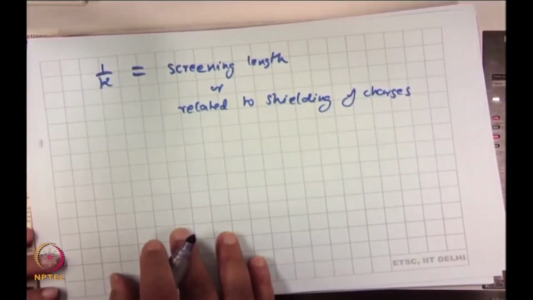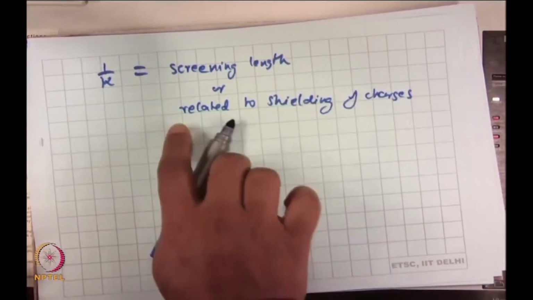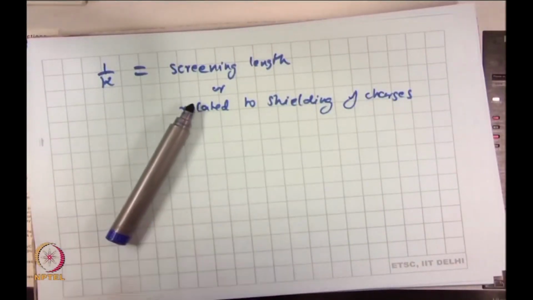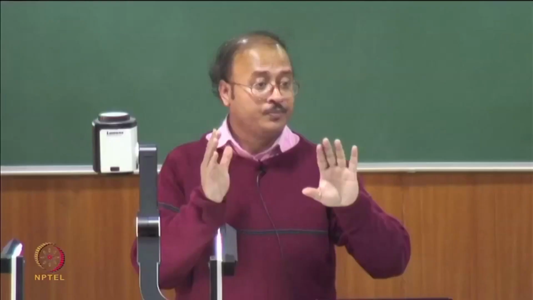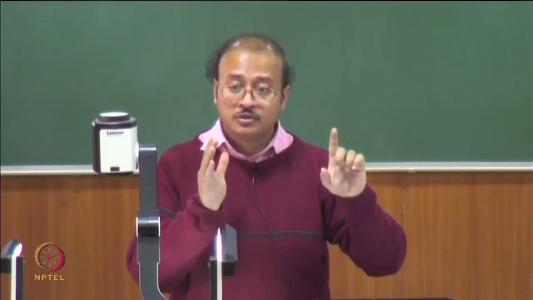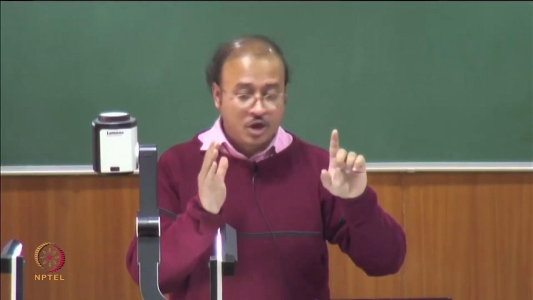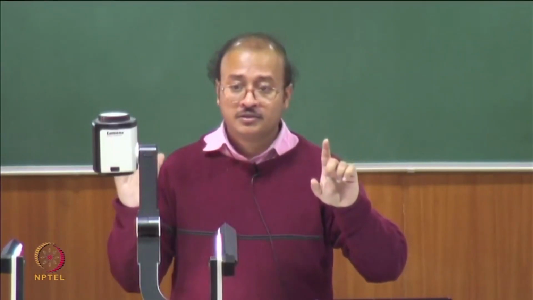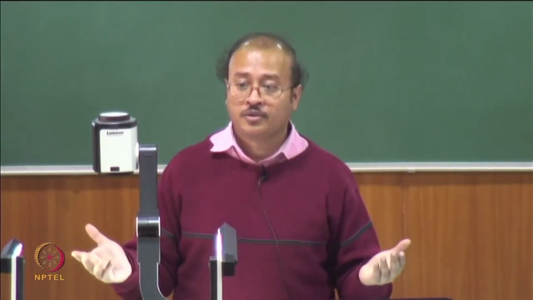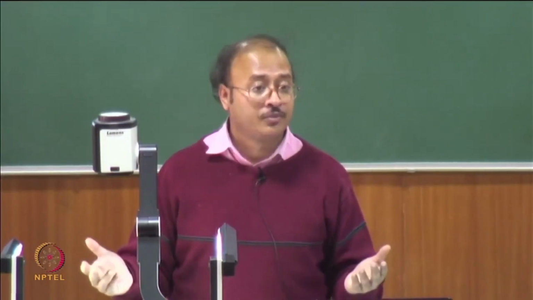What do I mean by screening or shielding? This is what I mean. That means if you have a plane P out here and if we are at that Debye length 1 by kappa, it is still feeling some effect of the plane P. You move beyond that length, the effect is no longer there, right. The effect is absolutely no longer there.